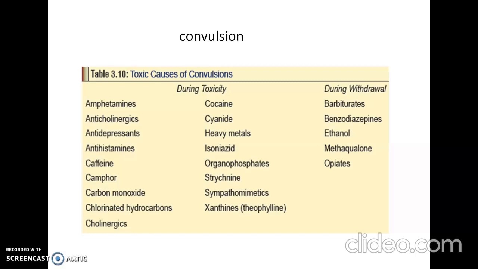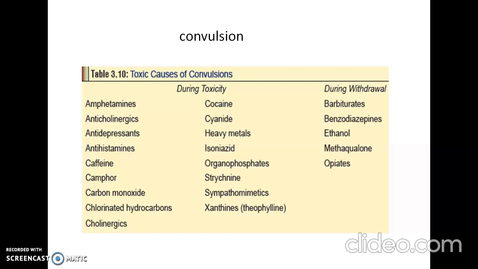There are several drugs and poisons which can cause convulsion. If improper treatment or mismanagement happens, it can lead to status epilepticus in a person. Sometimes it may turn into a life-threatening condition also.